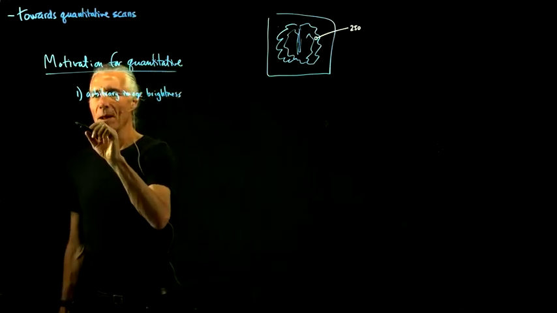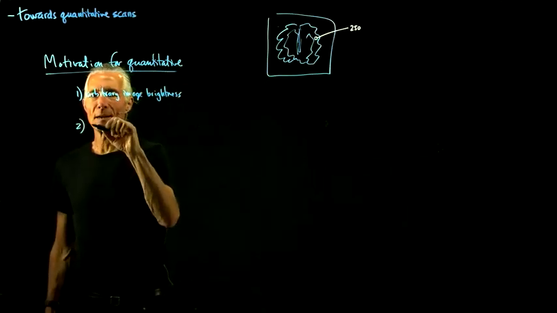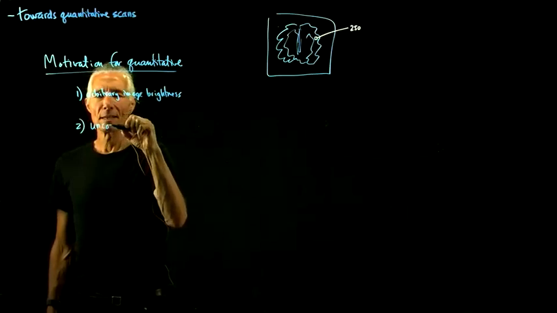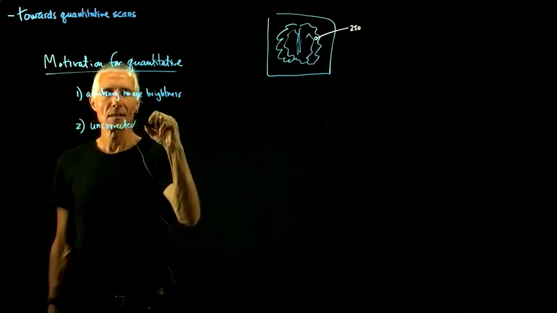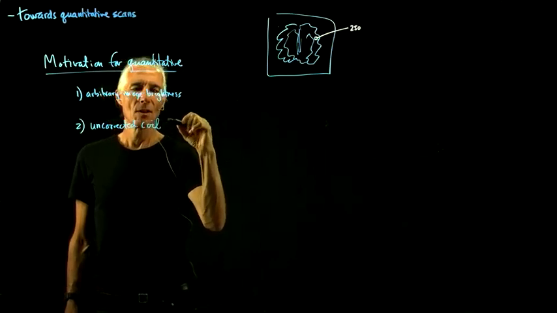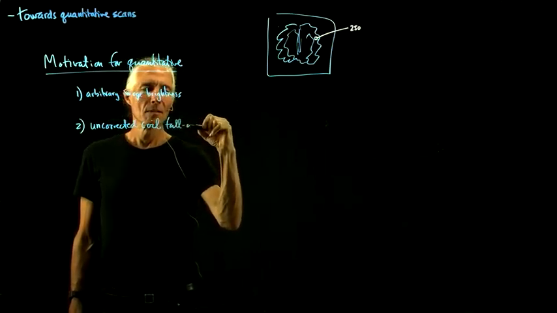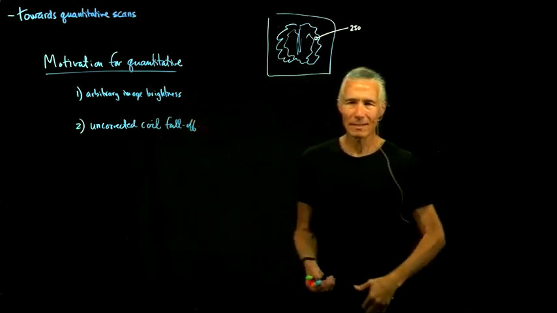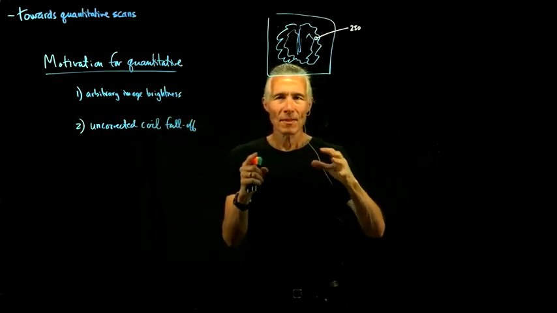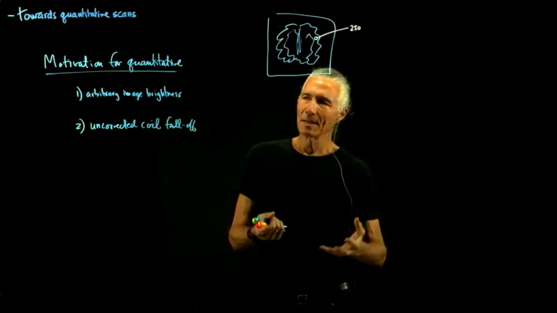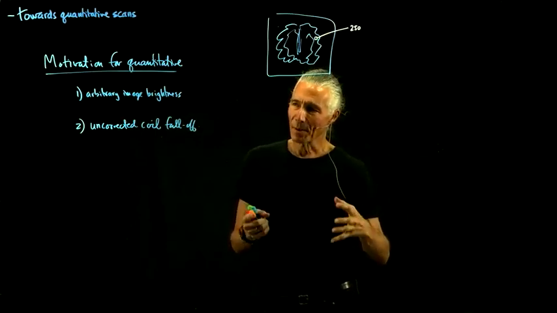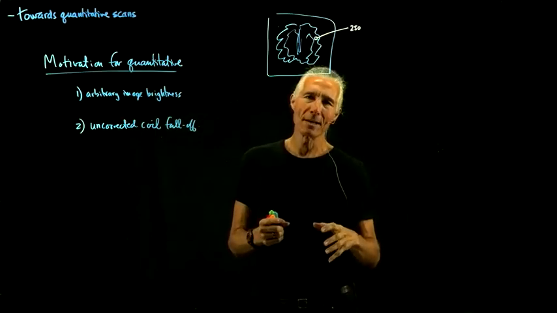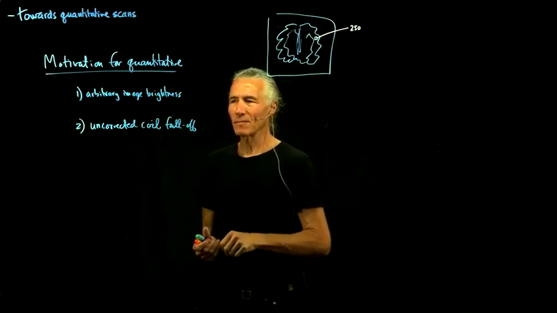But there are several other problems, and two of the big ones are uncorrected coil fall off. Back in the day when we used to have 1 Tesla scanners and a quadrature head coil that was relatively big and far away from the brain, this wasn't as much of a problem.